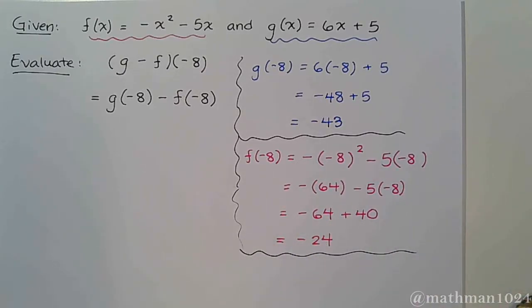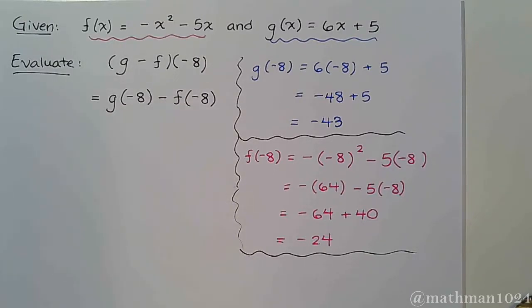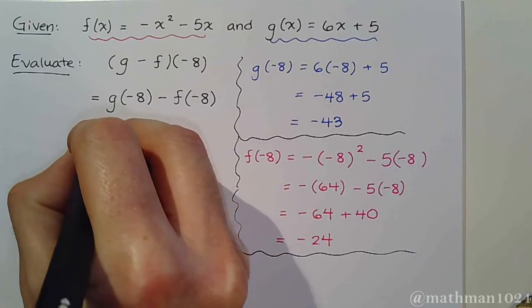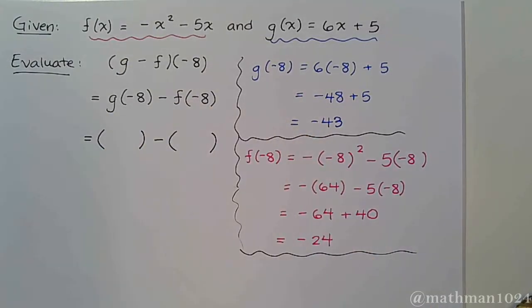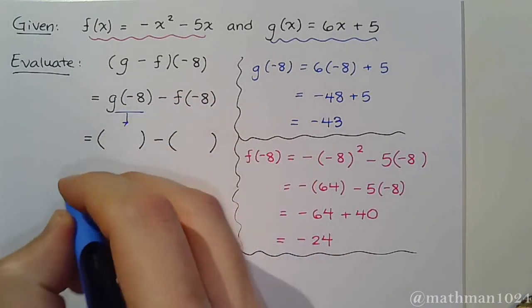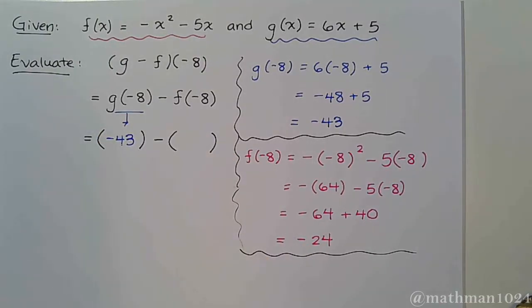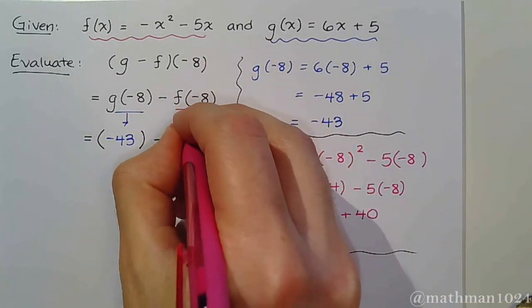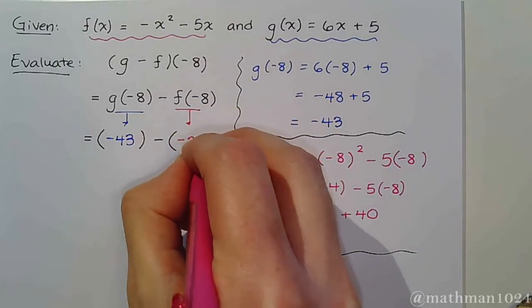And so now what we're going to do is take those numbers and plug them back in up here. And as we were doing on the previous examples, we use parentheses. G of negative 8, this guy was blue, this becomes negative 43. And then f of negative 8 is negative 24.